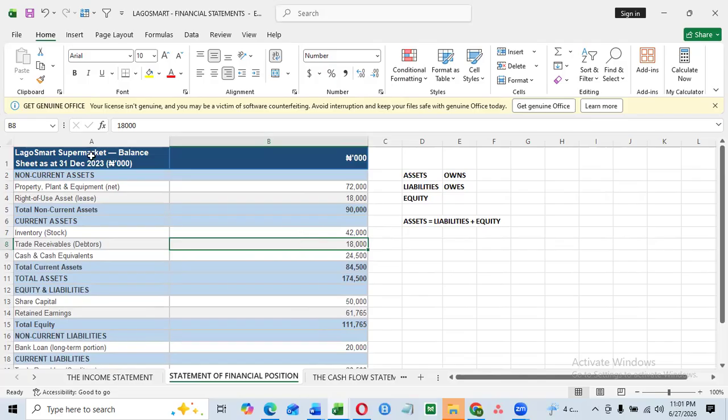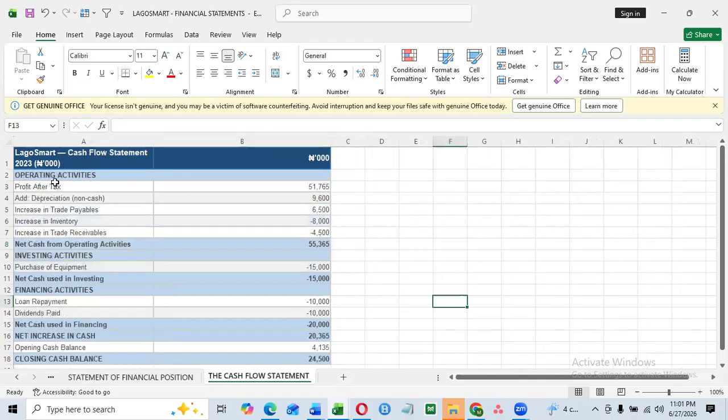The first activity is operating activities. This is the cash flow statement. I hope you can see that.